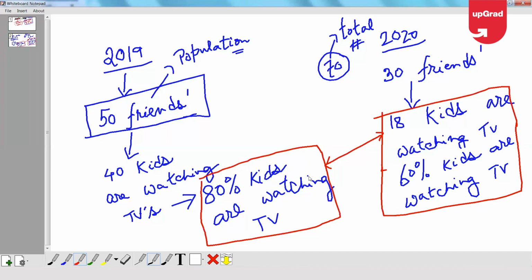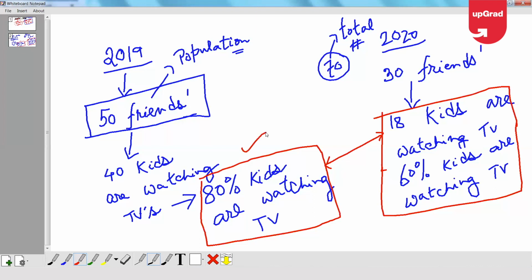If we look at and compare these two incidents, what is the first thing which strikes us? That probably kids are watching less TV, right? But watching less based on what context? What is my base data? My base data is this.